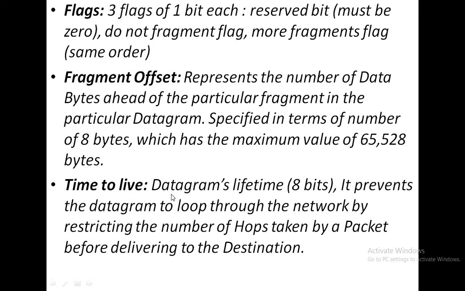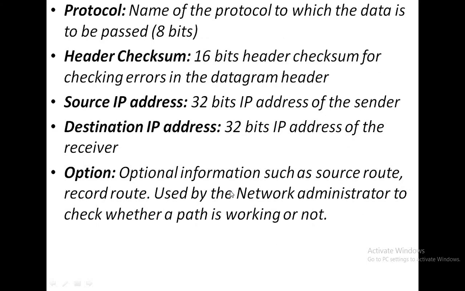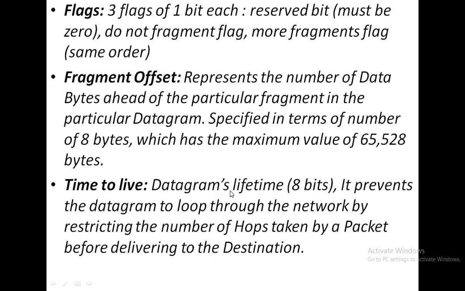Okay. Next is time to live. Here it defines the time for which the datagram should live. When the time expires, at that time the datagram should leave the network. Okay.